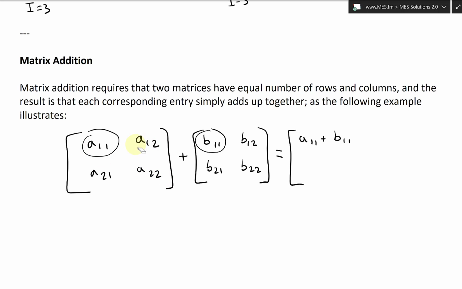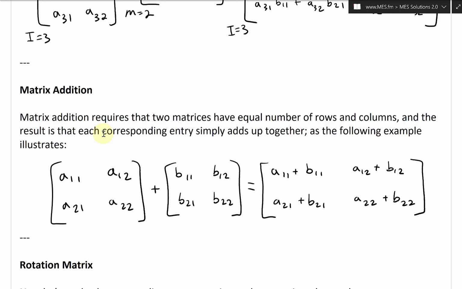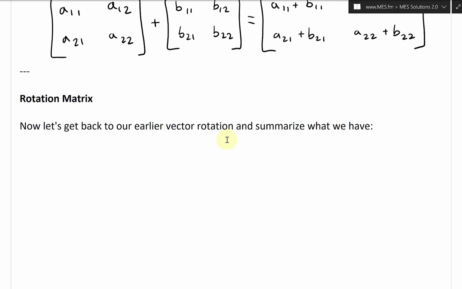And the next one is going to be A12, adds up with B12. So yeah, this one's much simpler than multiplication. And then likewise here is going to be A21 plus B21, and then A22 plus B22, like that.